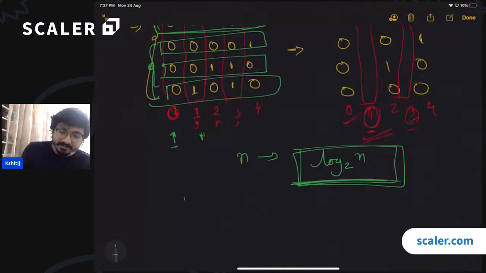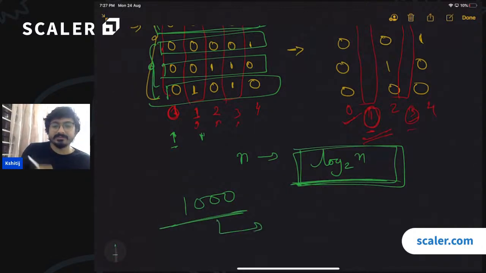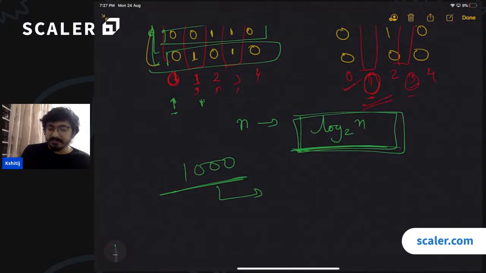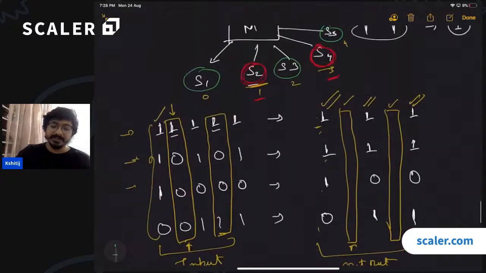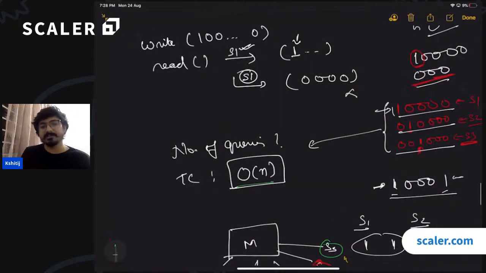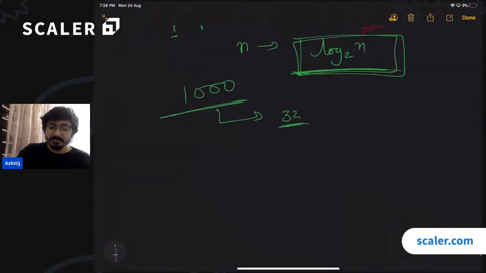Okay, if there are 1,000 slaves, how many queries do we need? We can represent 1,000 inside 32 bits, right? So you don't need to send more than 32 queries. In the initial approach, we were sending n queries. Actually, for 1,000 you can do it in 10 bits, right? 2 raised to power 10 is 1024.